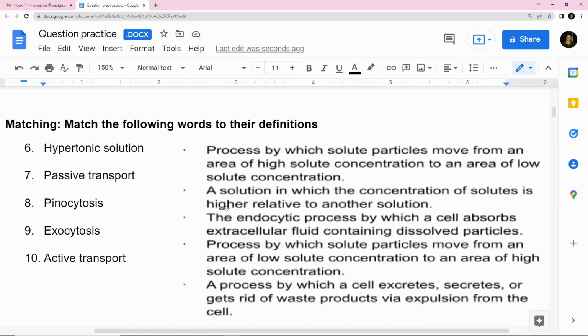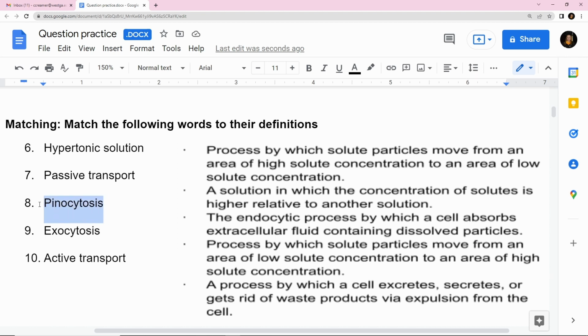How about a solution in which the concentration of solutes is higher relative to another solution? What term matches that definition? Correct answer is hypertonic solution. How about the endocytic process by which a cell absorbs extracellular fluid containing dissolved particles? What term matches that definition?